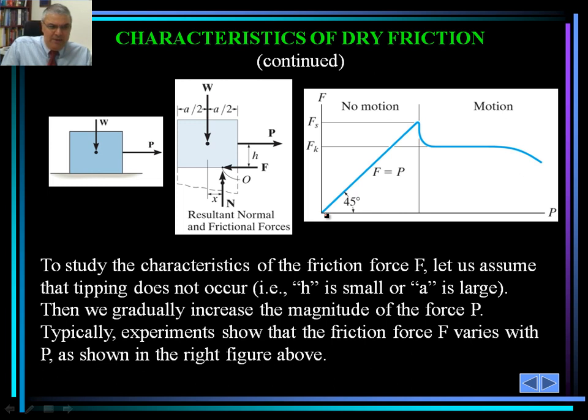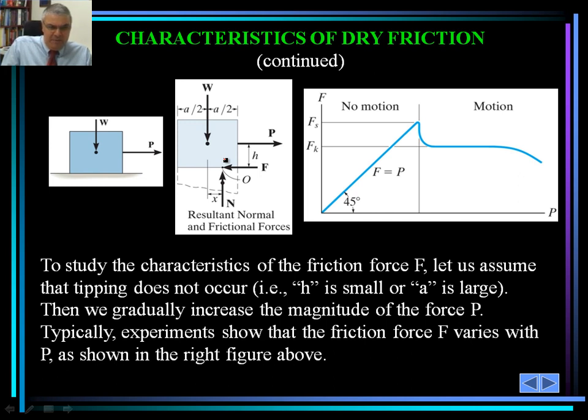So we assume here that tipping does not occur, of course, otherwise we won't be able to study friction. If there are overturning moments or tipping is to occur, then we won't be able to study it in this case.